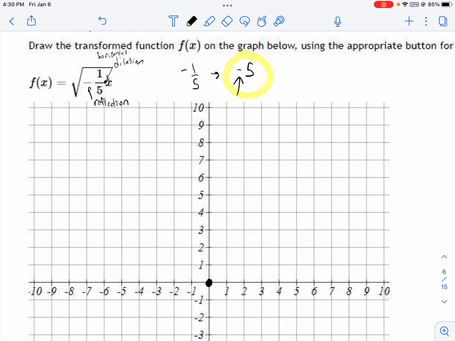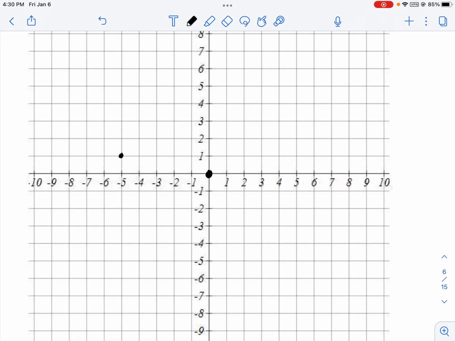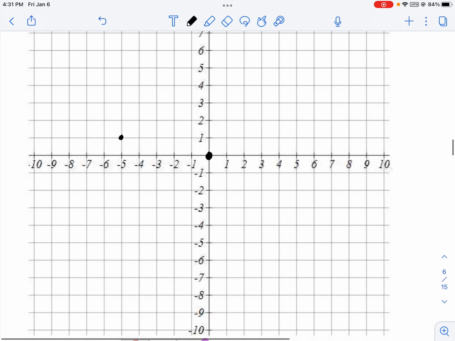It's going to be left 5 up 1. And the reason why the y value hasn't changed, why all three of these will remain the same, is because this dilation was only on the inside. It only affected the x's. Which means that our next one is supposed to be over 4, but it's not going to the right. The negative says we're going to the left, and then 4 times 5 is negative 20. That's way beyond our graph. We can't even put that second point on there.